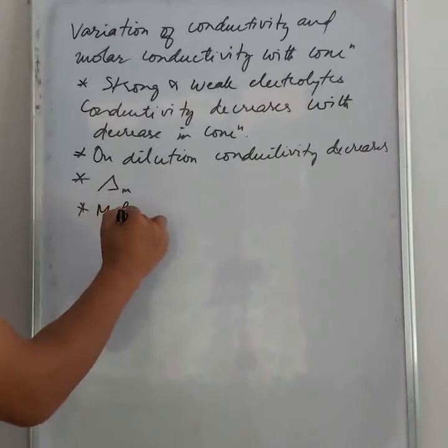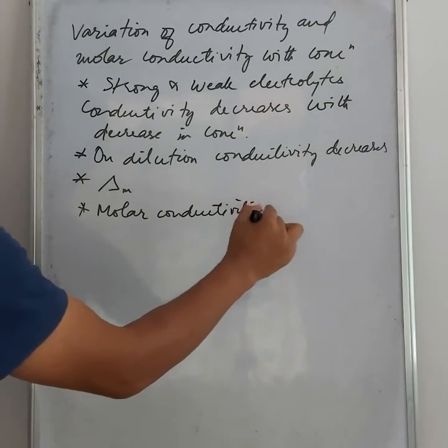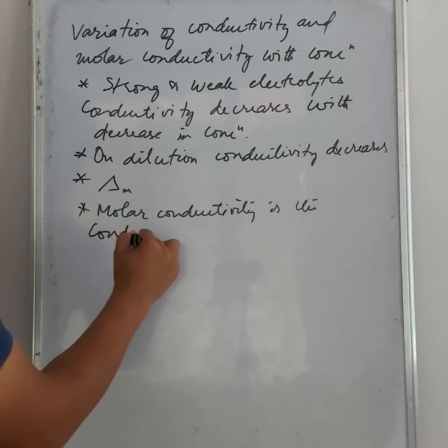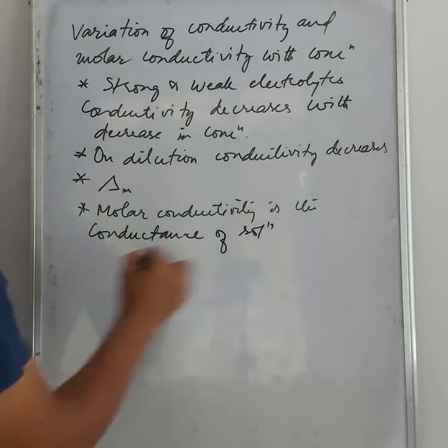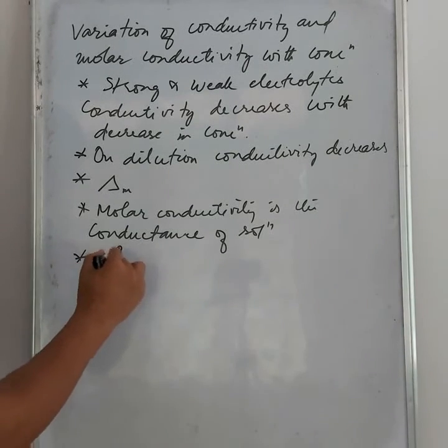Molar conductivity is the conductance of solution. And when concentration approaches zero, that means at infinite dilution, the molar conductivity is known as limiting molar conductivity, and it is represented by the symbol lambda naught.